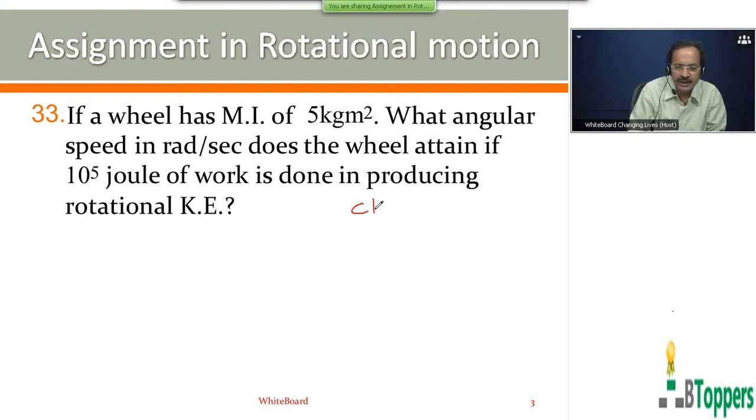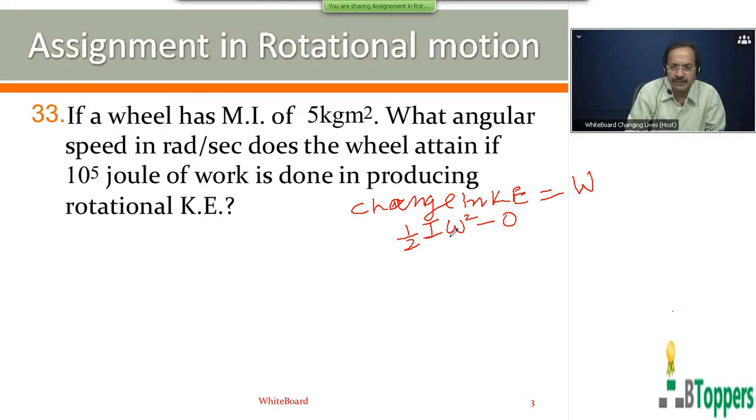The change in the kinetic energy of the wheel is equal to the total work done by all the forces on the wheel. The change in kinetic energy is the final kinetic energy minus the initial kinetic energy. The wheel's initial kinetic energy is 0. The final kinetic energy of a body in pure rotational motion is half I omega square, where omega is the angular speed of rotation.